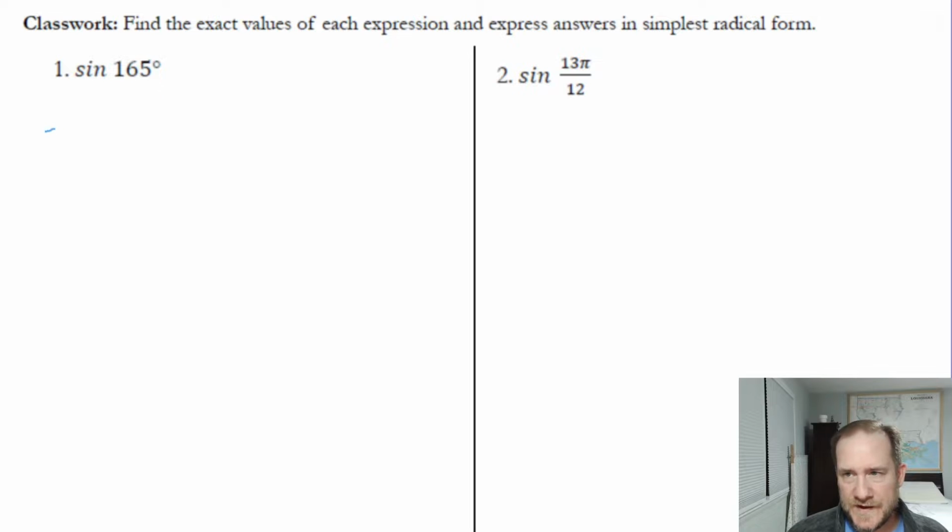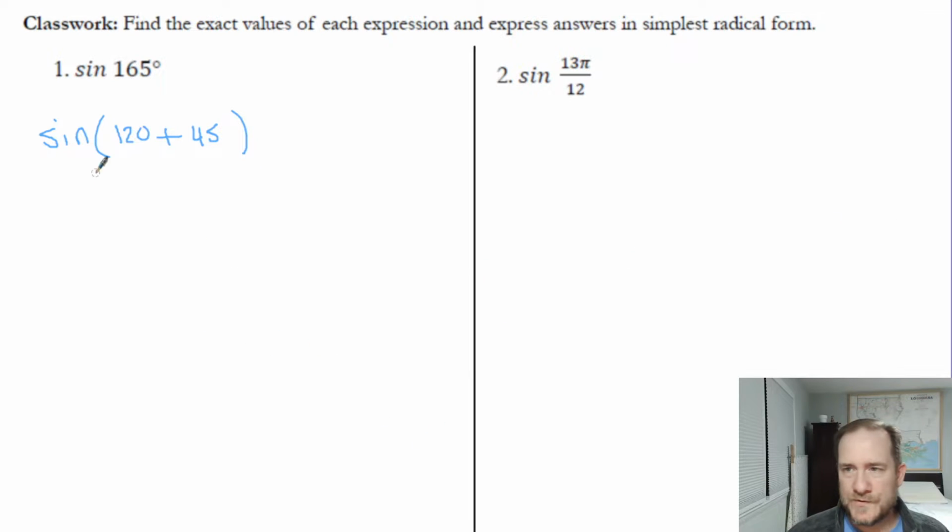Sine of 165, if you watched the last video, then you know my advice is pretty much just always do 45. And then add that to whatever the leftovers are. So if you subtract 45, then you'd break this down to a 120 and a 45. From here you could evaluate.